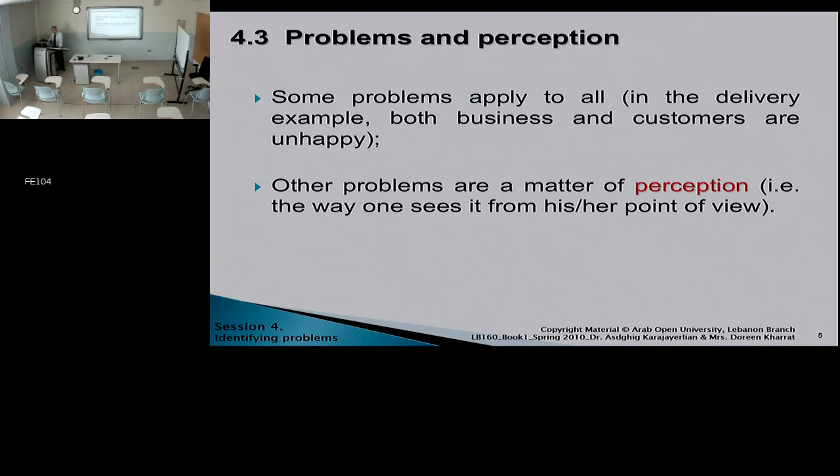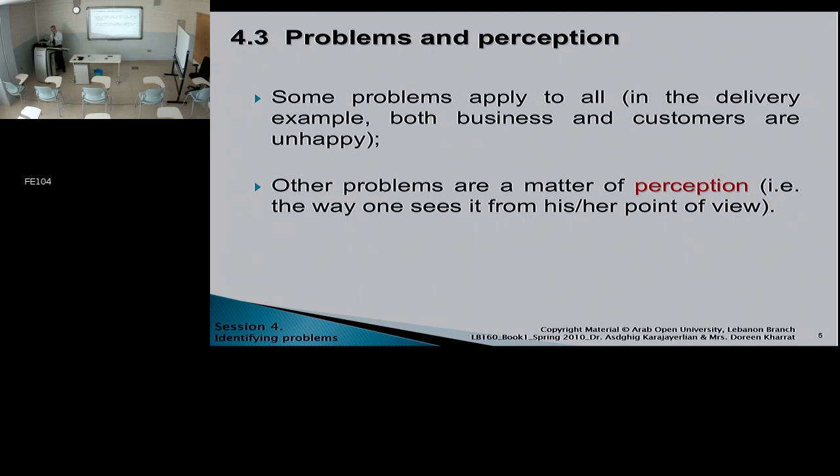Perception, definition. Perception is the way we perceive the world around us, from inside and from your point of view, and from outside. For example, smoking is bad for you. You don't smoke and you hate smokers. This is from inside and from outside.